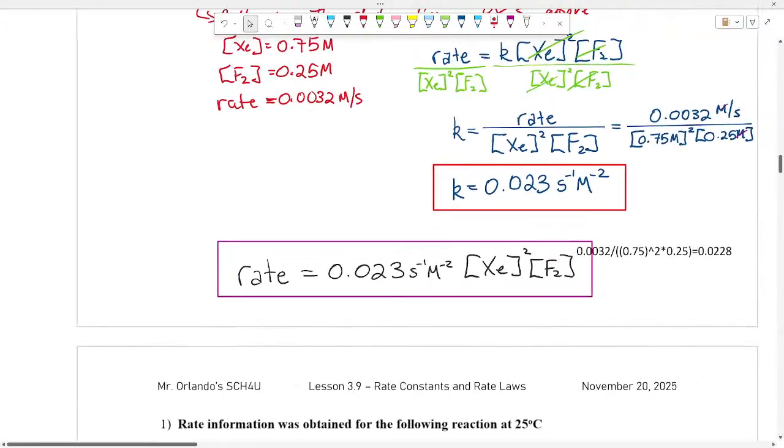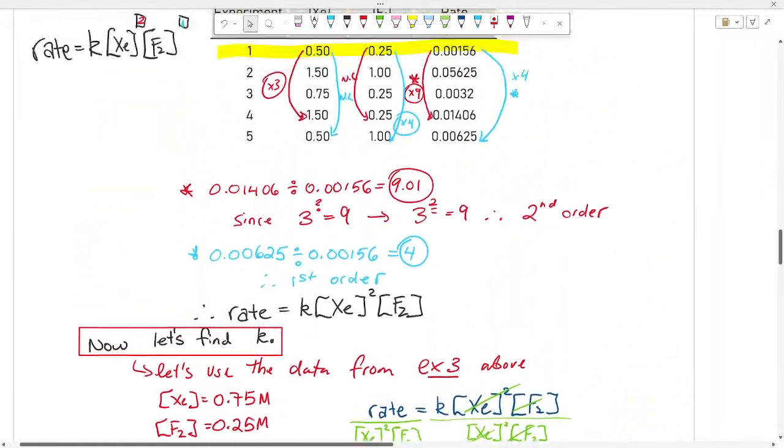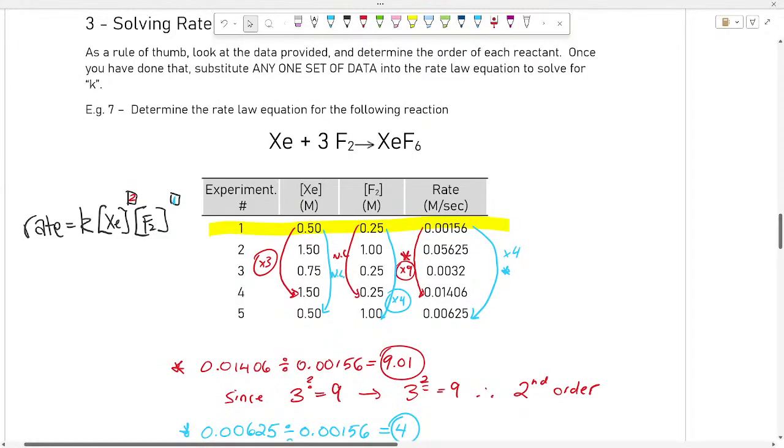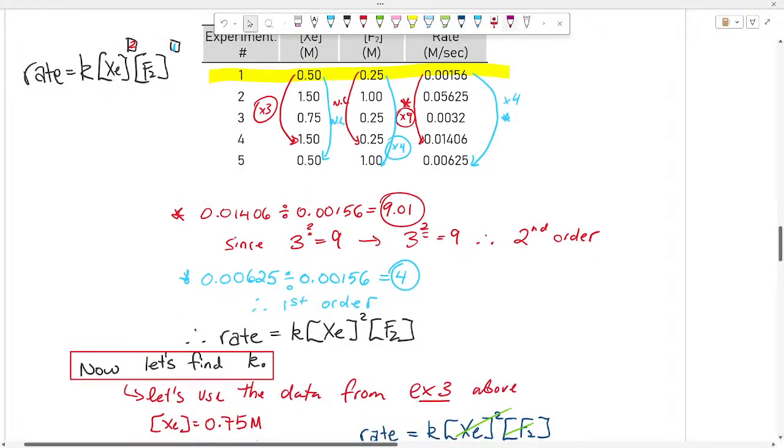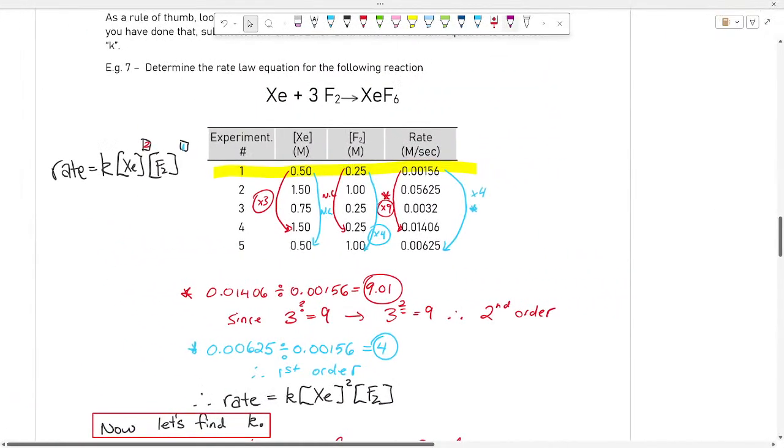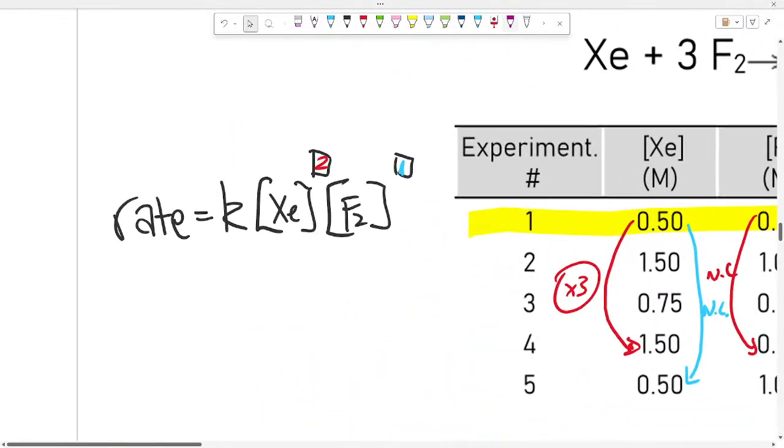And remember that if this all happened at once, if it was a one-step reaction, you could just get that straight from the reaction. But because these can take multiple steps, in this case, what is happening at the slowest step of this reaction? Well, two xenons, or two things that were derived from xenon, are bumping into one fluorine, or one thing that was derived from fluorine, and that's the slowest step.